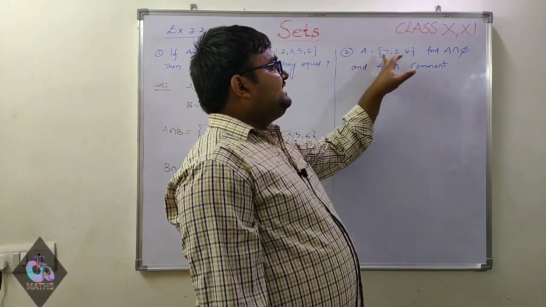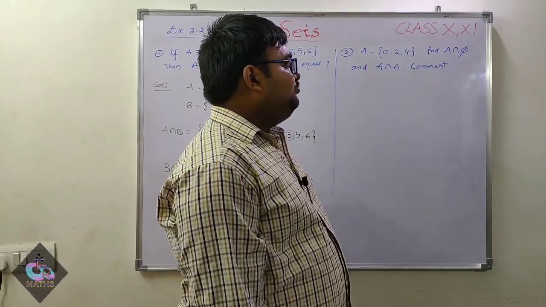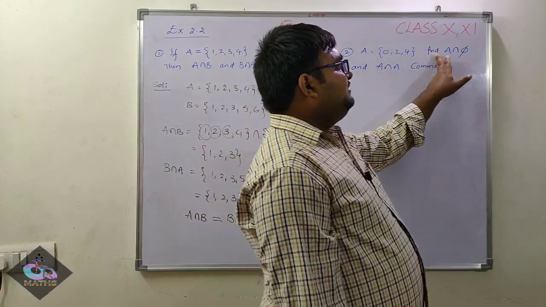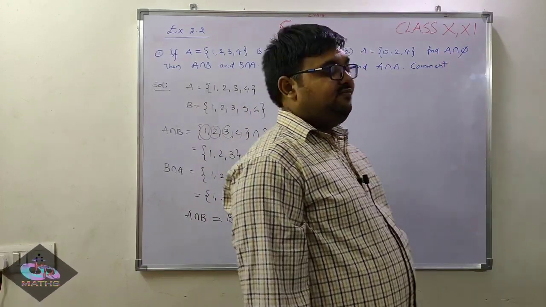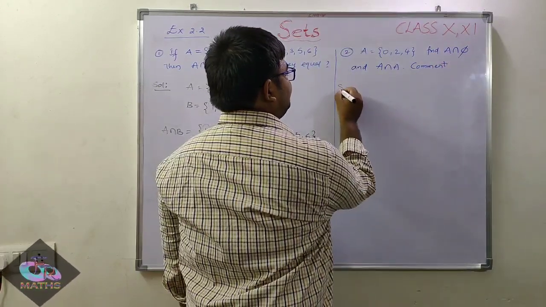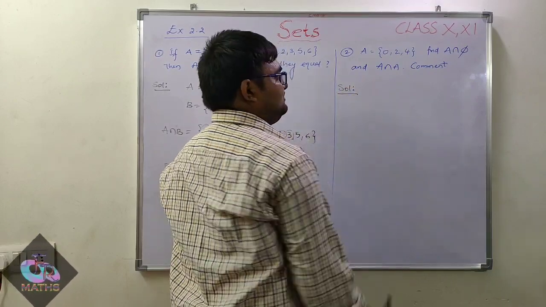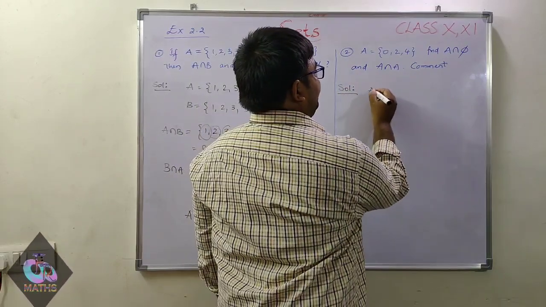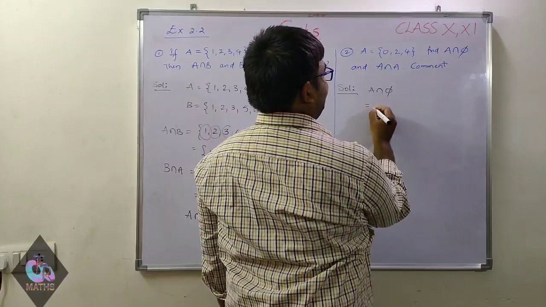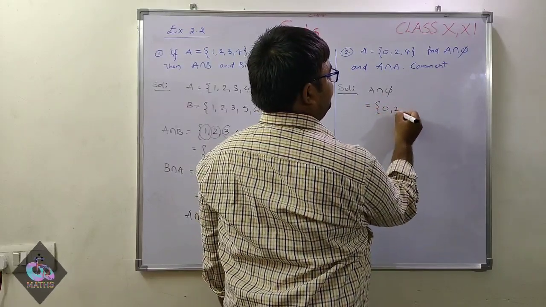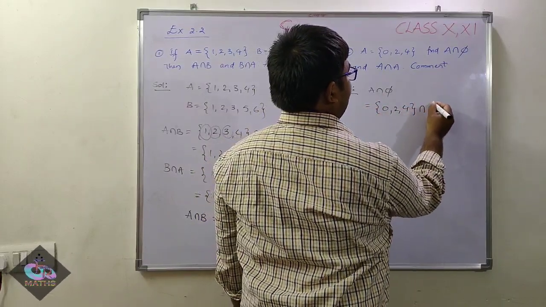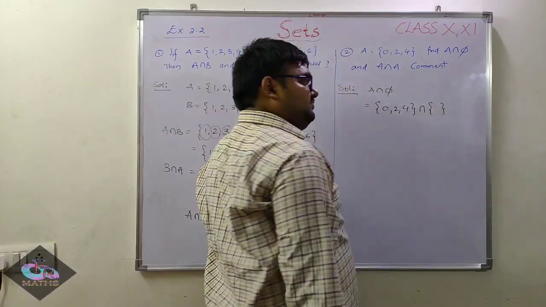Next, moving on to the second question. What he has given: set A is equal to {0, 2, 4}. Now we need to find A intersection φ, the empty set. Now let us see the solution for this question. A intersection φ means the set {0, 2, 4} intersection the empty set.